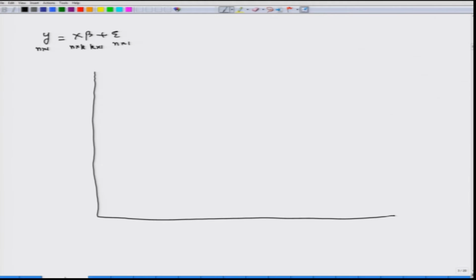Suppose we have data at an interval of 5 years: 1995, 2000, 2005, 2010 and 2015.